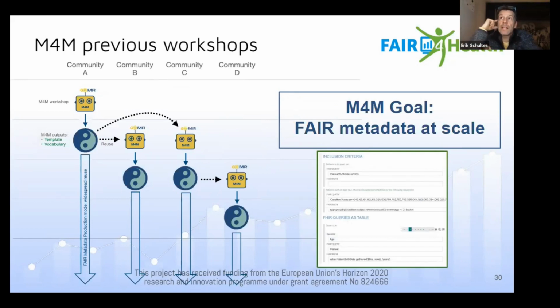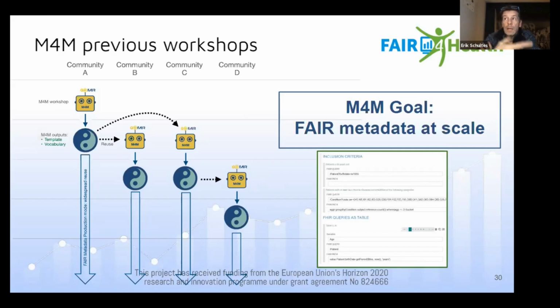So in this slide, I just want to give a sense that the metadata for machine workshop, any particular workshop, is not in itself the end goal. The idea is really to figure out some methodologies by which we can scale the production of FAIR metadata. So scale the production of domain relevant vocabularies and try and get them into practical usage as easily as possible.